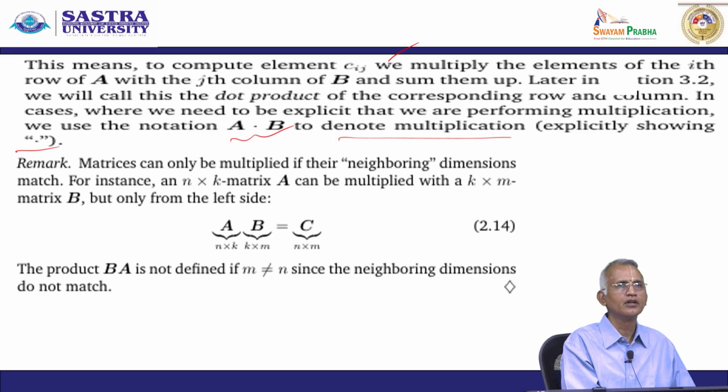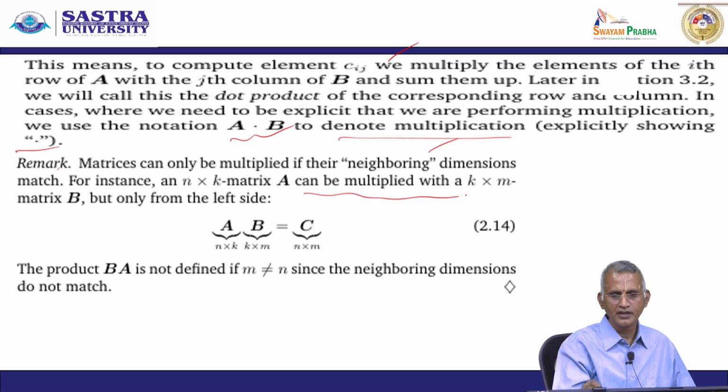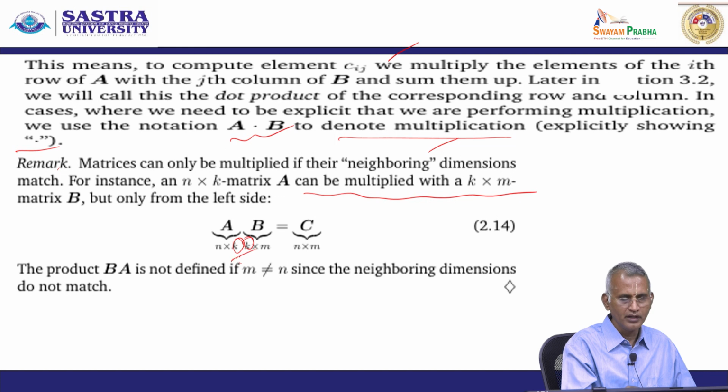So we have a note: matrices can only be multiplied if their neighboring dimensions match. For instance, an n cross k matrix A can be multiplied with a k cross m matrix, but only from the left side. See, if the column count of the first matrix and the row count of the second matrix are equal, only then does the matrix multiplication exist, and the resultant will be n cross m.